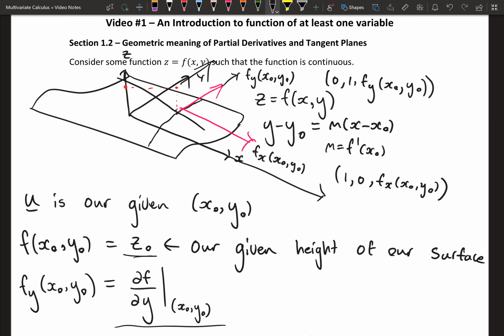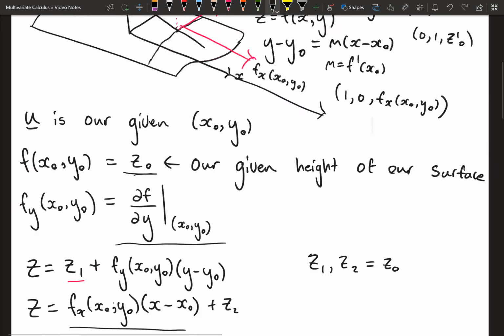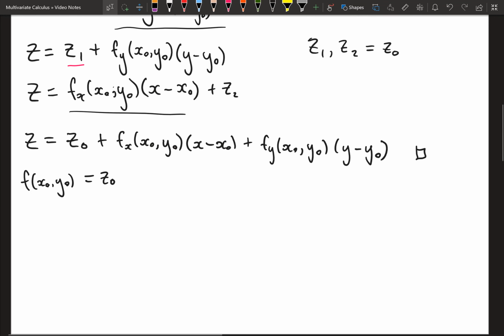Technically that's z prime naught. So that is the same as (0, 1, z prime naught), but we'll just leave it as this here. So what would this mean?